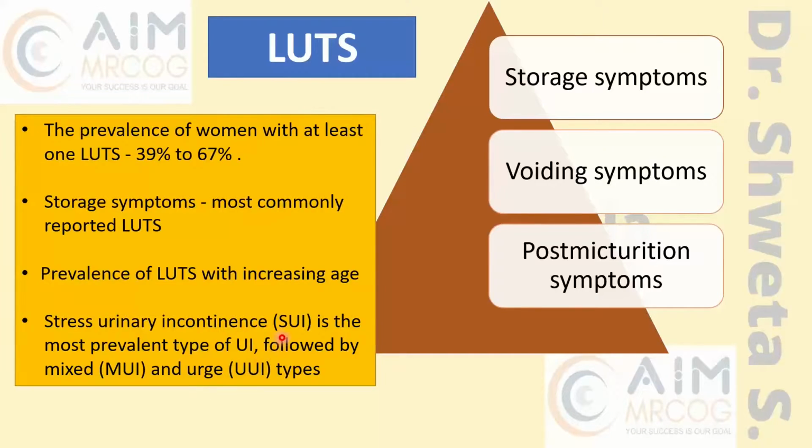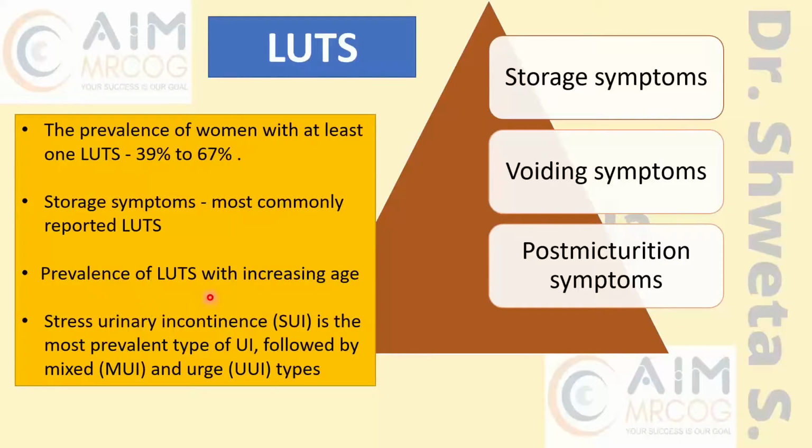So it is very important to understand that up to two-thirds of women are facing the problem, out of which storage symptoms are the most common: urge incontinence, stress incontinence, urgency, and frequency. It increases with age, and stress urinary incontinence is the most prevalent type. All of these were asked in exams previously, so this is very important to remember.